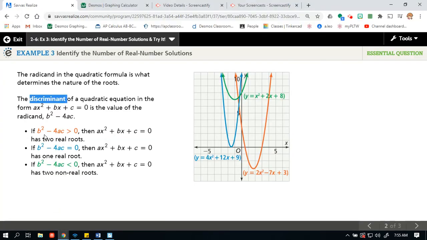So if the discriminant is greater than 0, we saw this in the example. When it was 25, we had 2 real roots. 25 is greater than 0, and so therefore we have 2 real roots. When our discriminant, when our b squared minus 4ac, is equal to 0, then this is 1 real root.